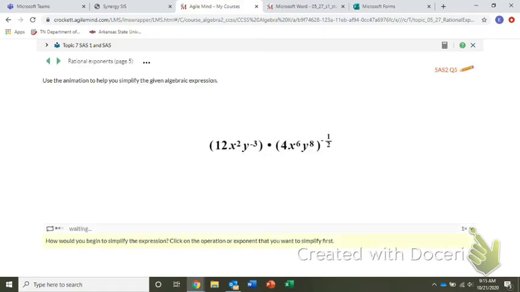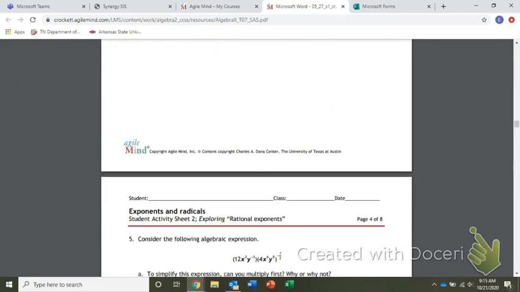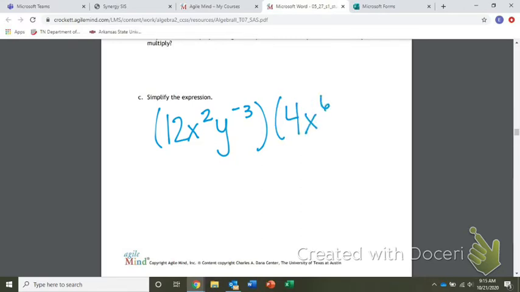All right, so on 5C, I want you to write the expression that is on 5. (12x squared y -3) (4x^6 y^8) to the -1/2.